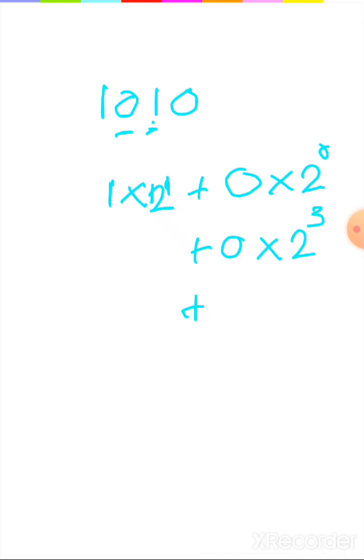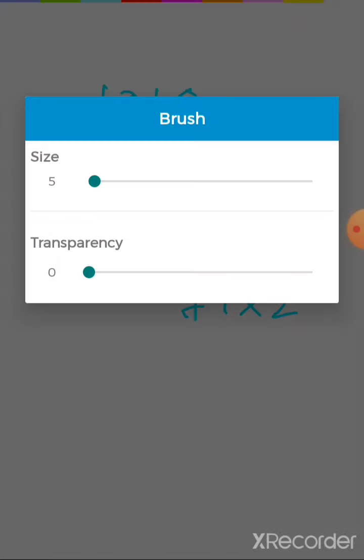the last number, the most significant digit, is 1. So the 1 will be written as 1 multiplied by 2 raised to power 3. Let us erase it.